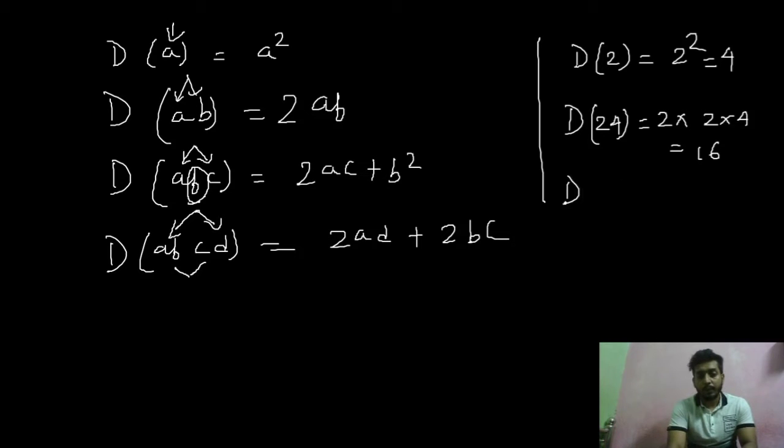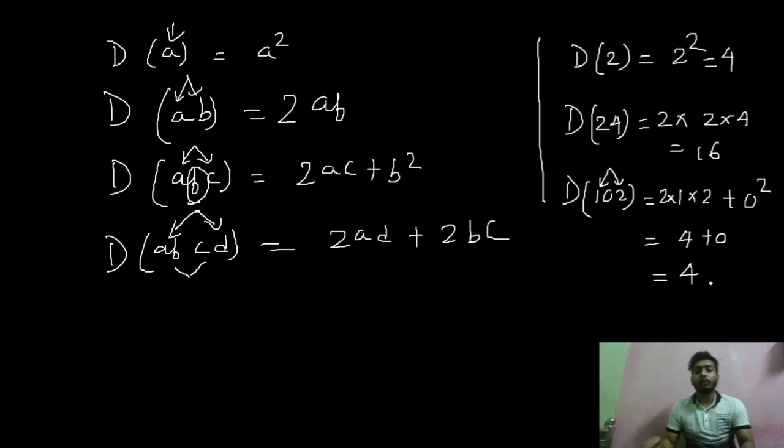What will be the duplex of something like 102? That will be the product of the extremes, 1 into 2, multiplied by 2, plus the square of the middle term. The square of the middle term is 0 square. So that will be 4 plus 0, that is 4.